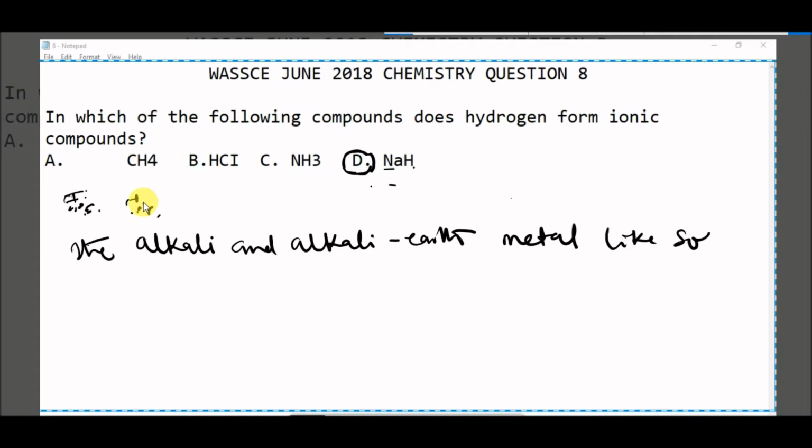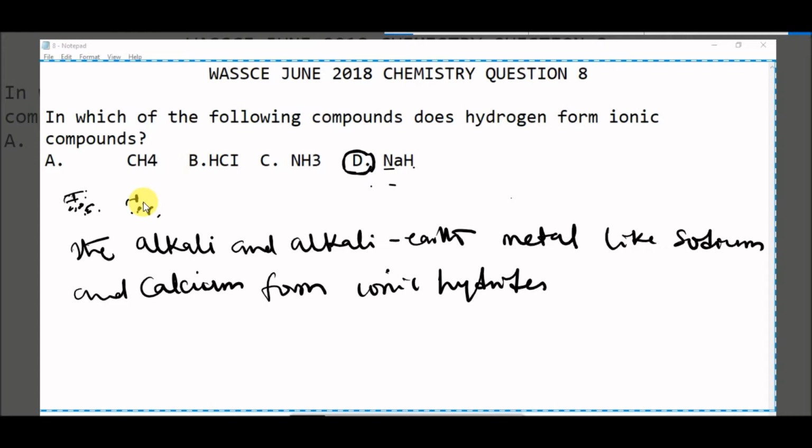Examples are sodium and calcium. They form ionic hydrides with hydrogen.